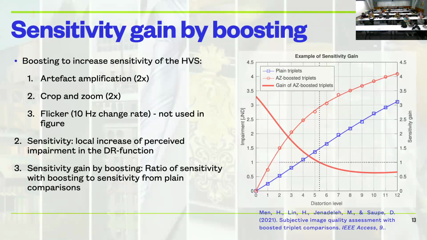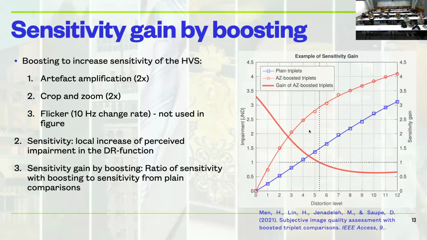Per increase of the distortion level, we get a higher increase in the perceived distortion compared to the case of plain comparison. And you can measure it by taking the ratio of the gradients of these 2 curves, the red divided by the blue. And then you have the gain factor here, which is when it's larger than 1, that would mean the red curve is steeper than the blue curve. And so the boosting will give us a gain.